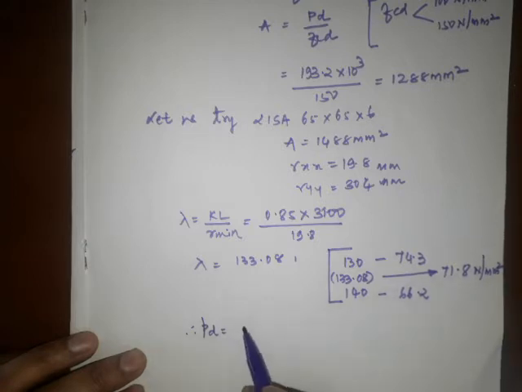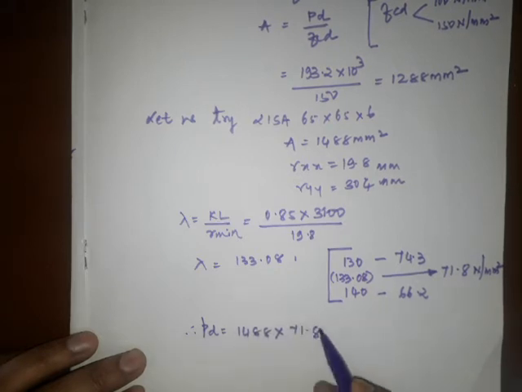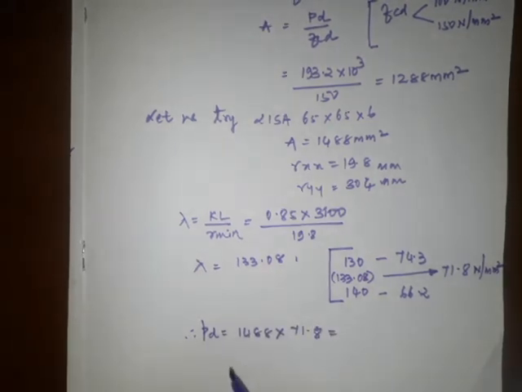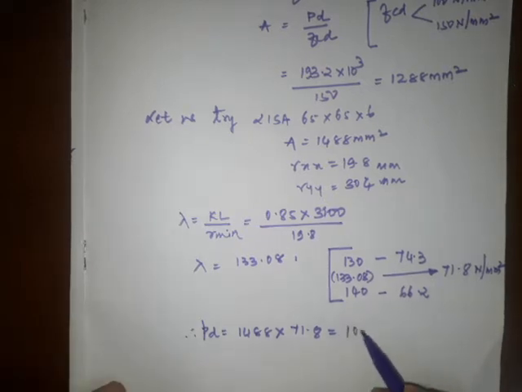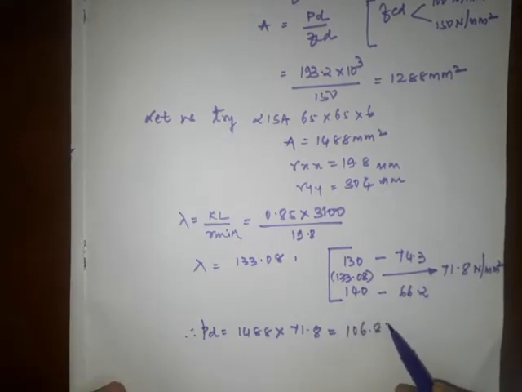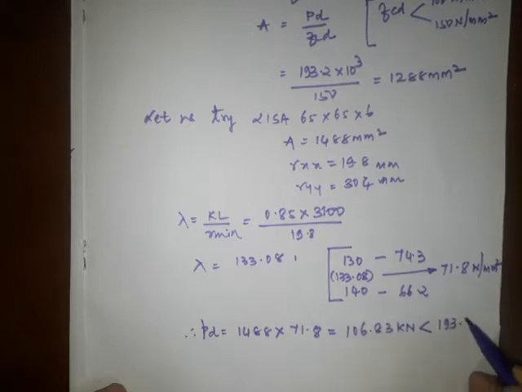Then by multiplying, we get PD is equal to AE into FCD. AE we have selected is 1488, into FCD 71.8. So we get 106.83 kilonewton, which is less than 193.2 kilonewton, that is the compression force.